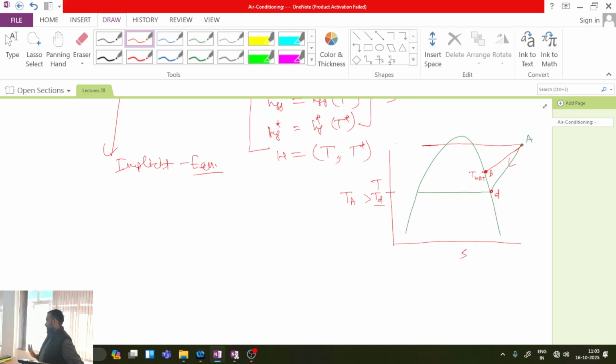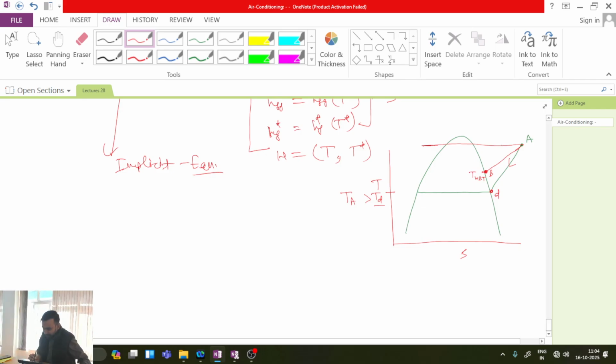Is this one clear? Then only will there not be any enthalpy exchange between the two. So the enthalpy of the moisture will be equal to the enthalpy of the water vapor which I am introducing. It means I have to introduce this water in the gaseous phase in such a way that the temperature of that water vapor is equal to the temperature of the moisture.